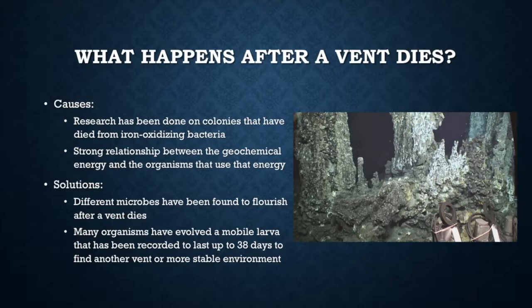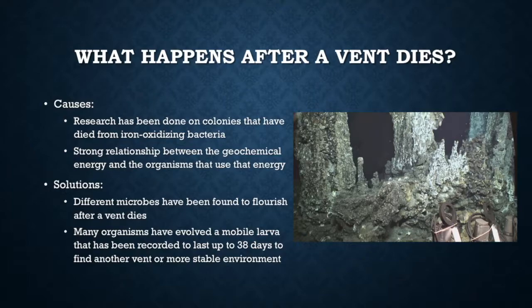So, they have found that, and they have also found a strong relationship between the geochemical energy and the organisms that use that energy. So, just for example, if the chemical makeup of the water were to change, extremophiles are not very good at adapting very quickly since they are so specialized to their already diverse environments. If that environment changes, they can't readily change either the chemical that they're taking up or the way that they're making that energy.